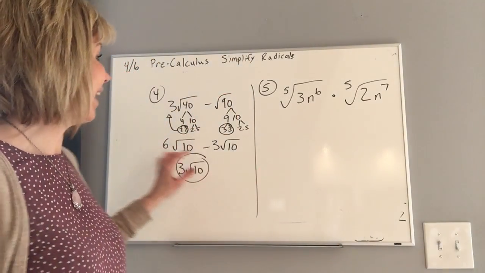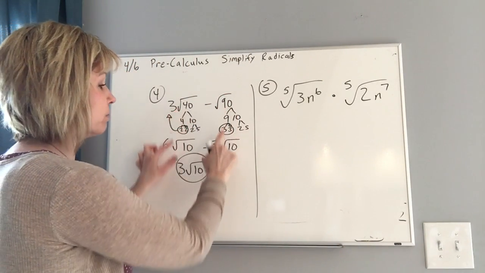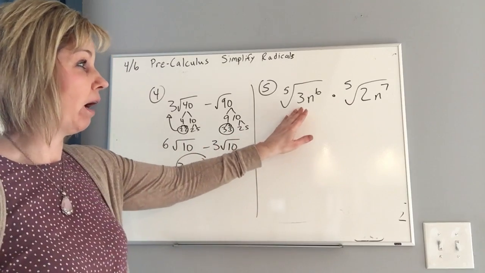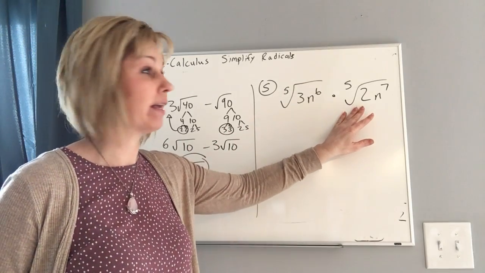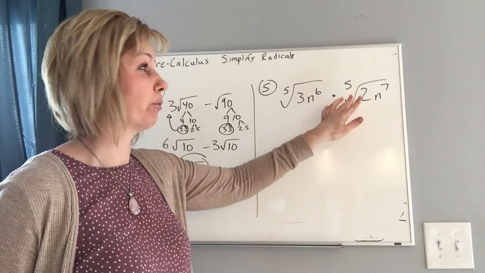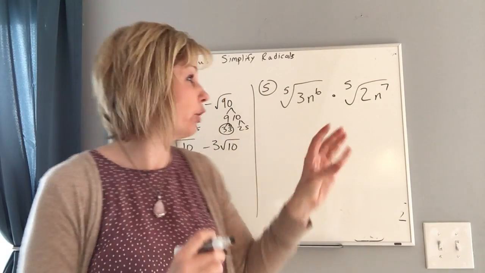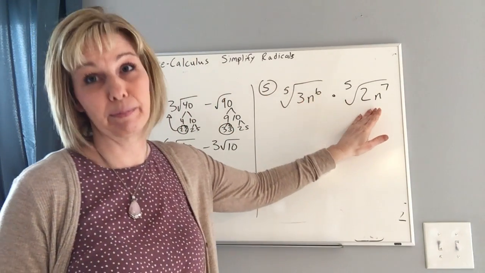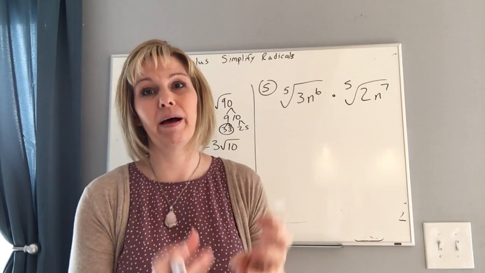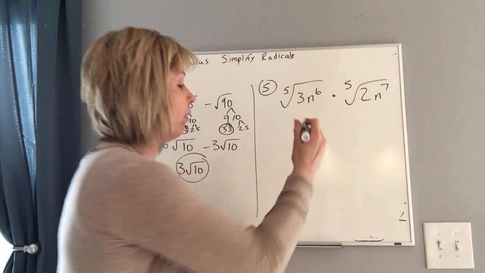Okay, to combine, add and subtract, they have to be alike. We can multiply as long as it's the same index, and they're both the 5th root. So for multiplication, push it together, because you don't want to simplify this one, then multiply and then simplify again. So I would multiply first.